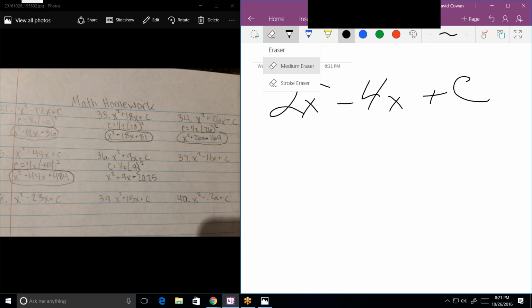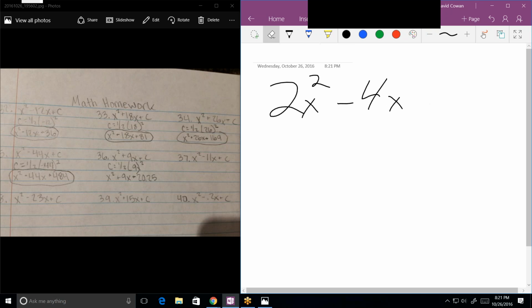Let's assume we have an equation where that's equal to 21. I can't complete the square until this coefficient is 1. The only way I can make it 1 is by factoring out a 2.